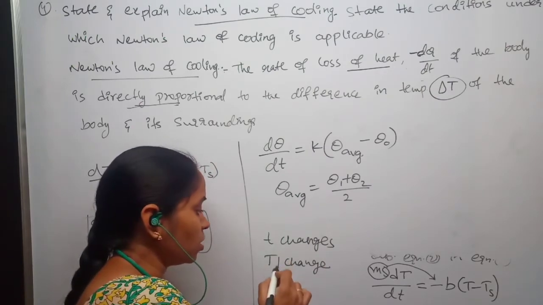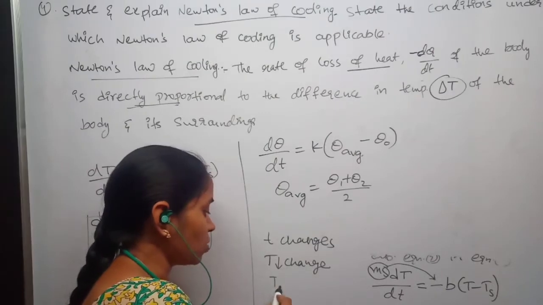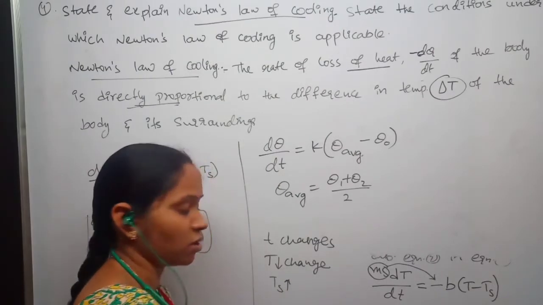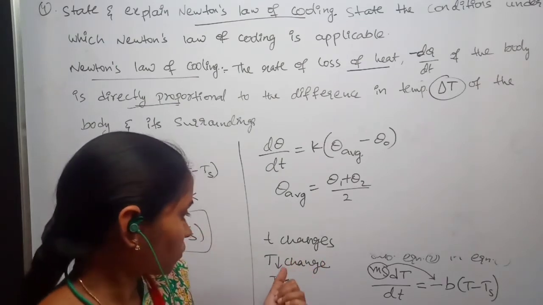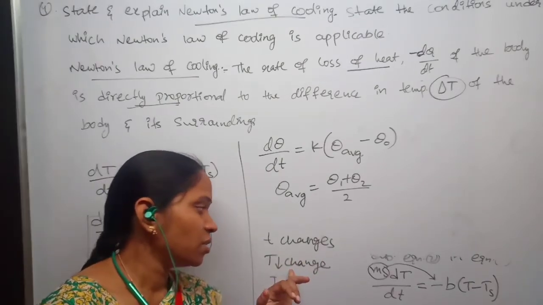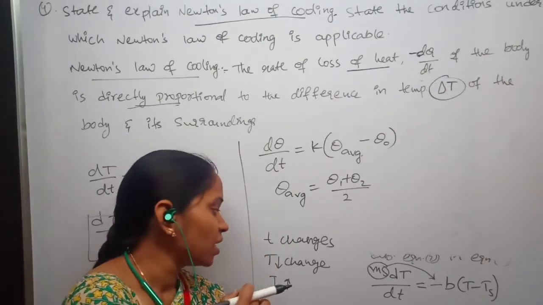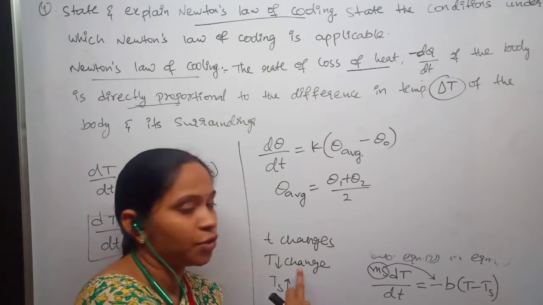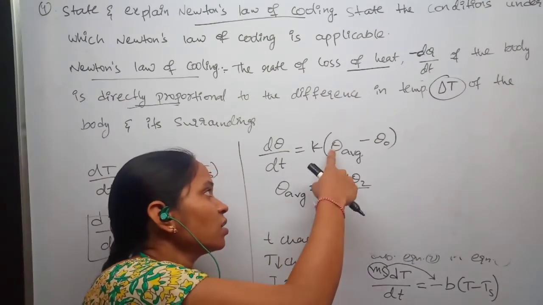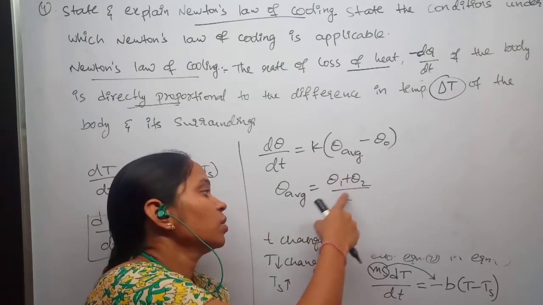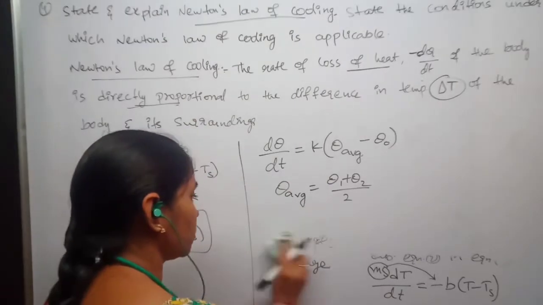The temperature decreases and the surrounding temperature increases slightly. So here the temperature is changing as the time is changing. I am taking the average of this temperature and writing it as theta average, which is equal to theta 1 plus theta 2 by 2. Okay, don't get confused.